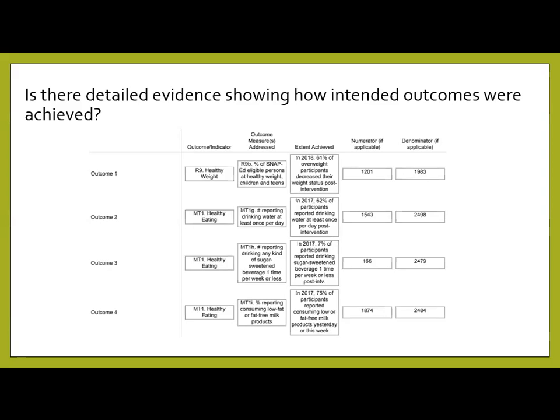So just do the best you can in terms of how best your intended outcomes align with the SNAP-Ed indicators and to complete the fields. It may not be the perfect fit, but working to include some information in these fields is recommended. And it's also important in this section to make sure that your attachments provide useful supporting details so that you're able to give the reviewer a clear understanding of how your intervention outcomes were measured and achieved.